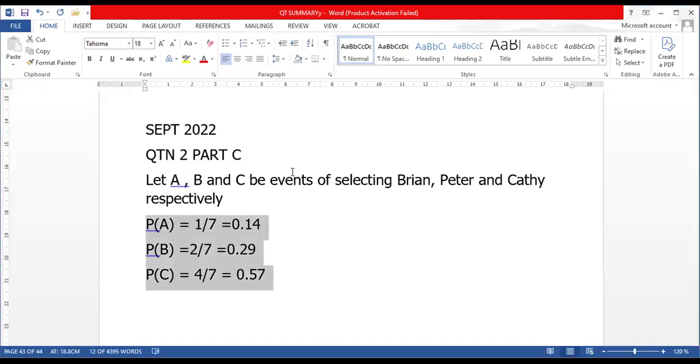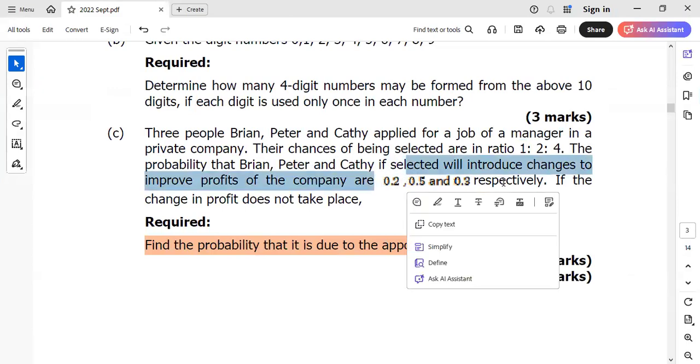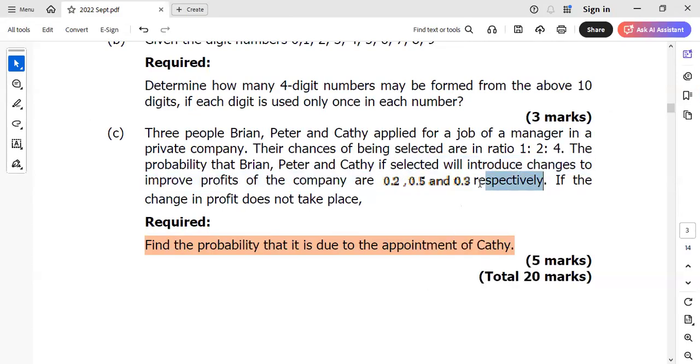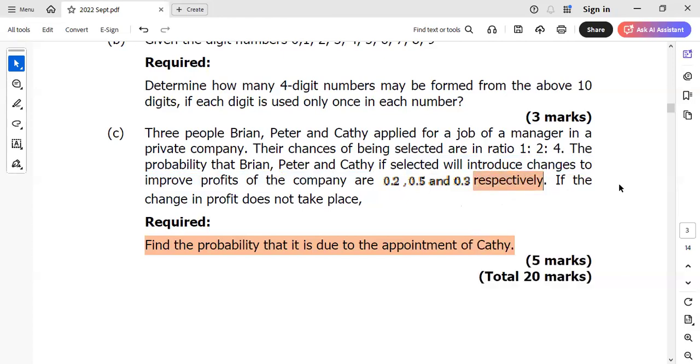Next, we are told that the probability that Brian, Peter, and Cassie, if selected, will introduce changes to improve profits of the company are these ones respectively. But if the change in profit does not take place, are you seeing this word?